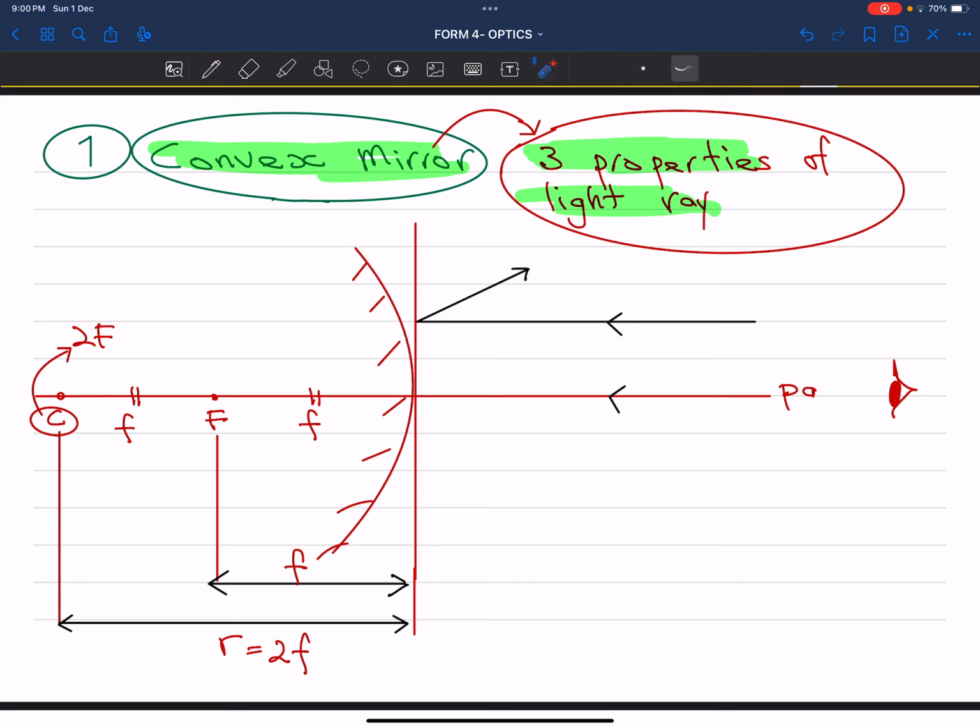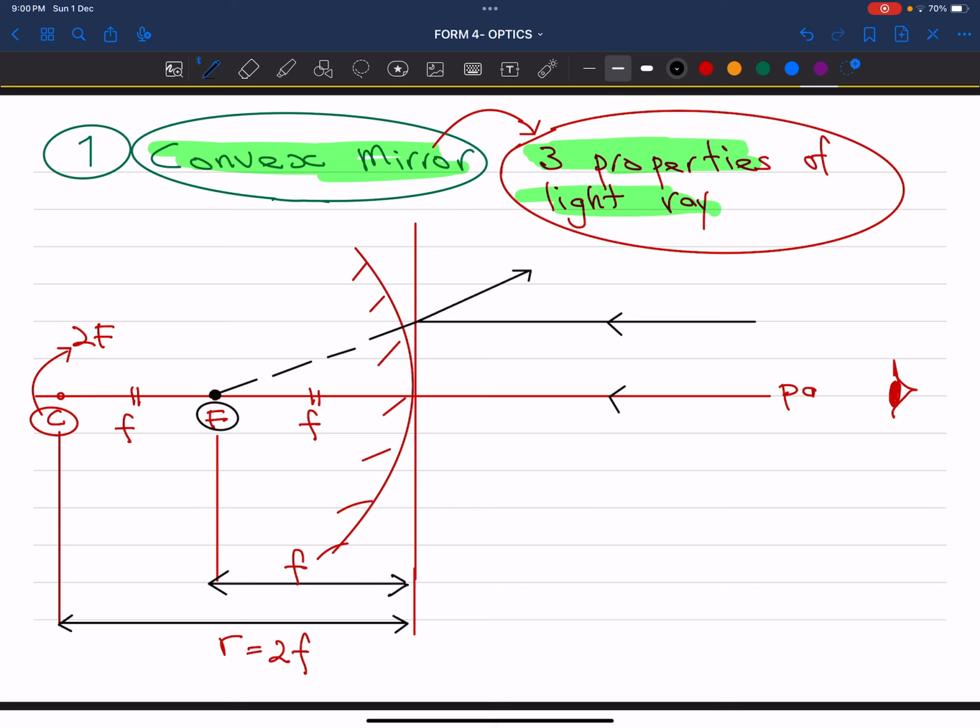So what I do now, I go to the focus point, this is our focus point, and then I'm going to draw broken lines until this point. The broken line shows as though the light ray is coming from there.